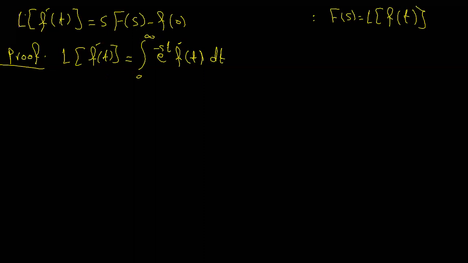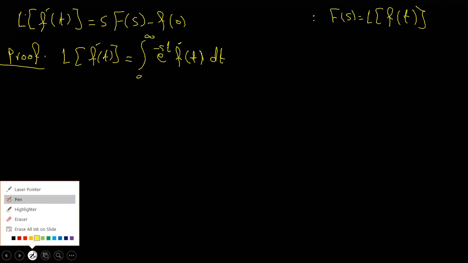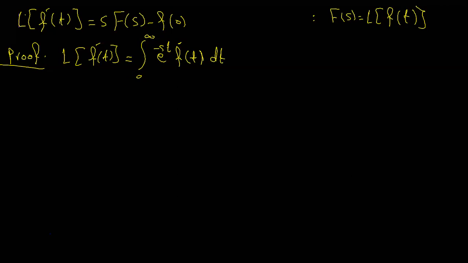Now, how to find the value of this integral? How to integrate this product between two functions? Who can suggest an idea to integrate a product between two functions? What do you think? If you have a product and you need to integrate, which rule do you need to apply? By parts. By parts, yes.